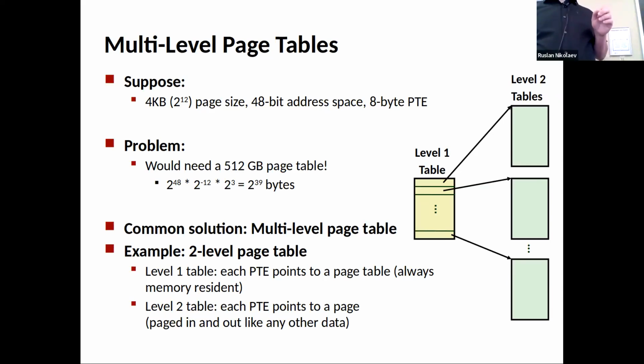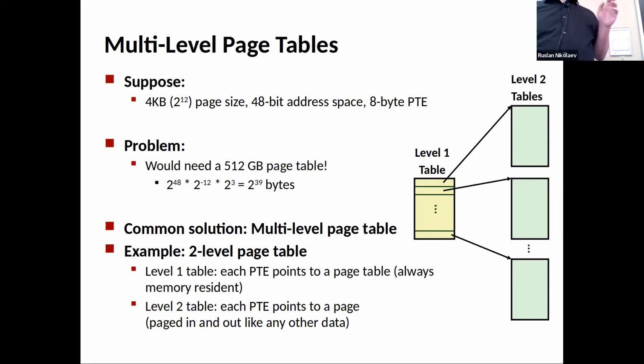So what if I have this hello world program? The hello world program maybe just needs 4 kilobytes of memory. So it's more than enough to have just one page mapped. So effectively I only need one page table entry in level 2.